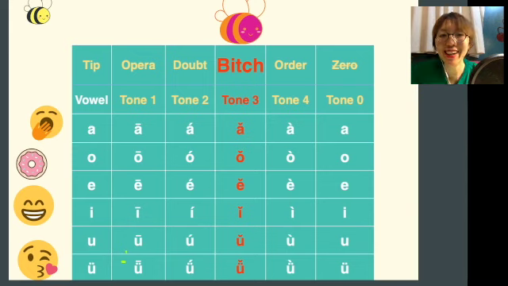The next one, same shape mouth with E. The next one, the shape of your mouth, as I call it, is kissing shape.